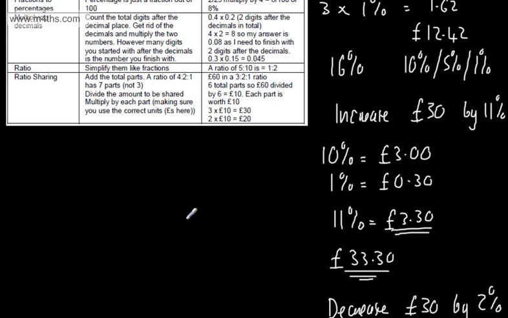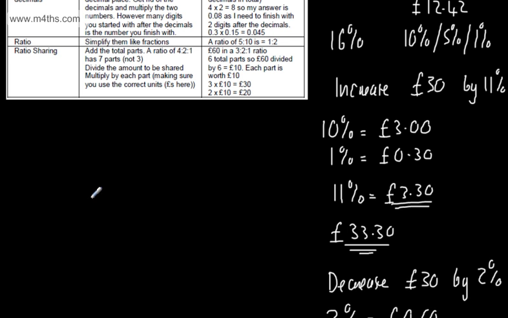Now for increasing and decreasing, you could look at a table of multipliers, especially if it's a calculator question. If I multiply anything by 1.0, that will give me 100%. It will give me everything. If I multiply it by 1.01, this is going to be 101% of the original, or a 1% increase.